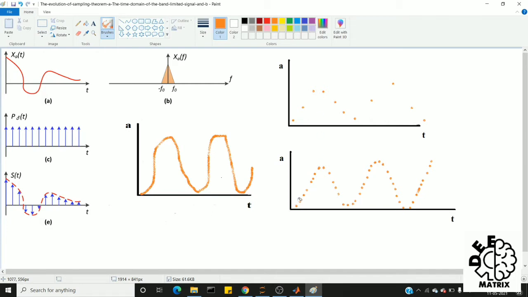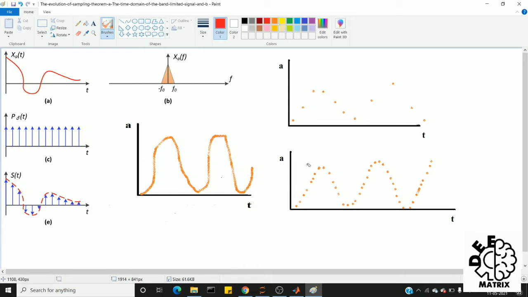But see here, this impulse train has more samples, so when you look from a distance, you can easily identify that it is a sine wave because it contains more samples. So the sampling theorem states that the sampling rate should be greater than twice the maximum frequency of the input signal, so we can easily reconstruct this sine wave from this output discrete signal.